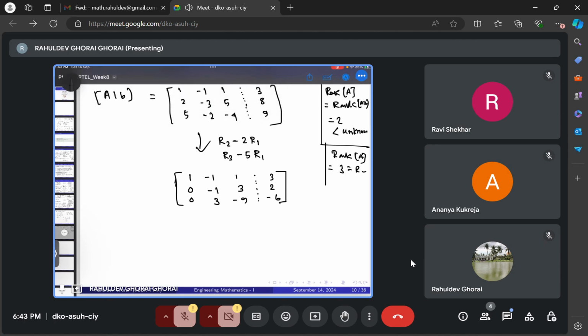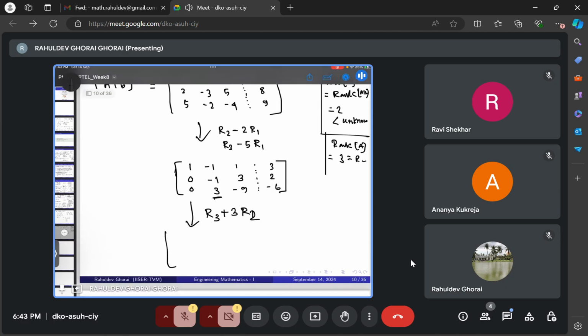To make that 3 zero, do R3 plus 3 times R2. R1 and R2 remain as they are, and R3 changes: 3 plus 3 is 0, and the other entries also become 0.